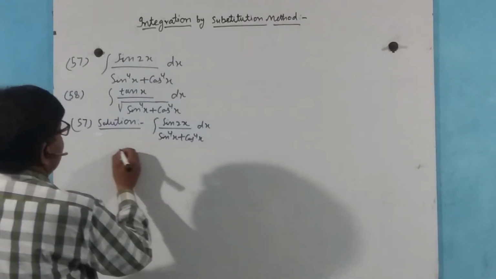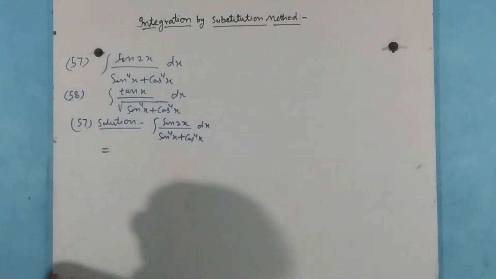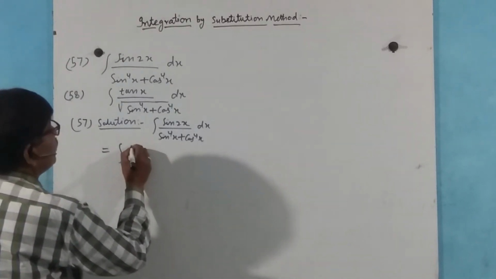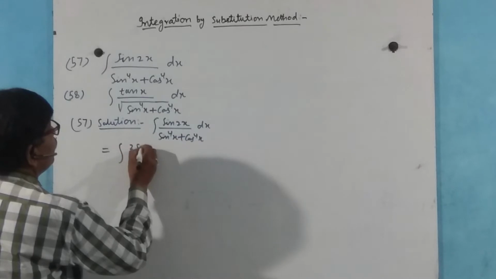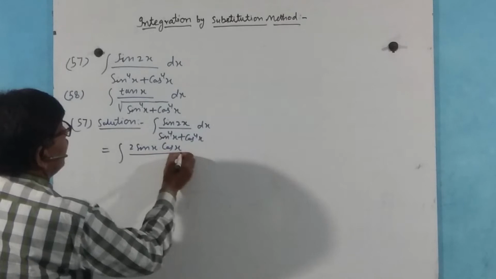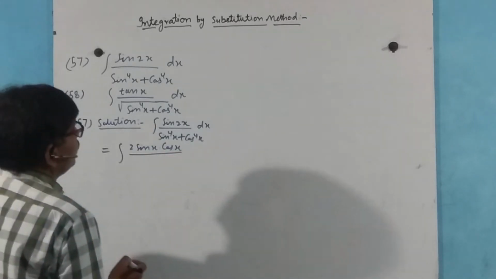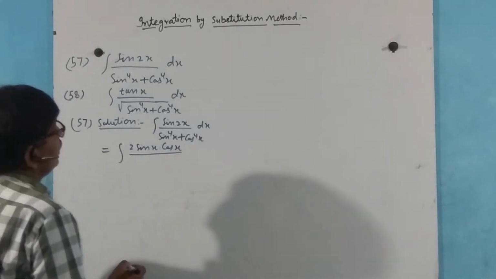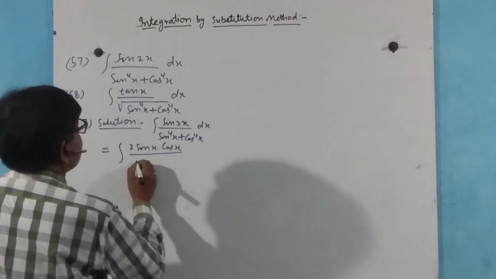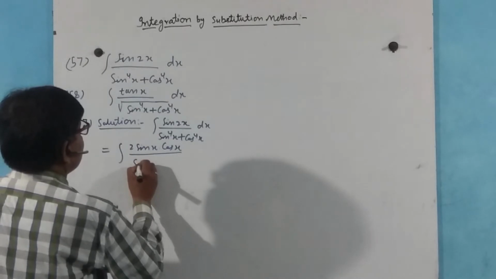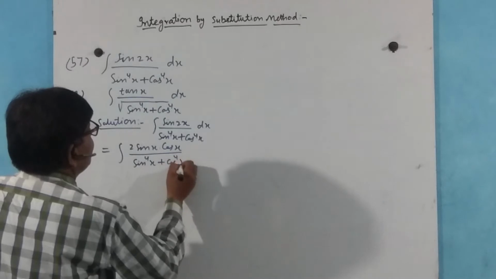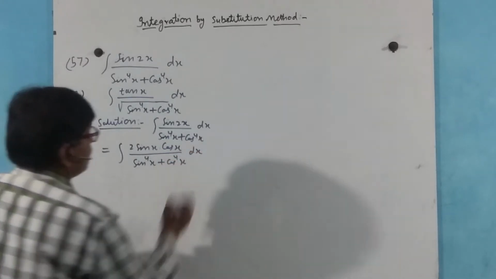Now this is equal to the integration of 2 sin x cos x divided by sin to the power 4 x plus cos to the power 4 x dx.